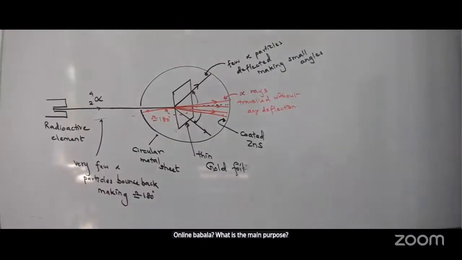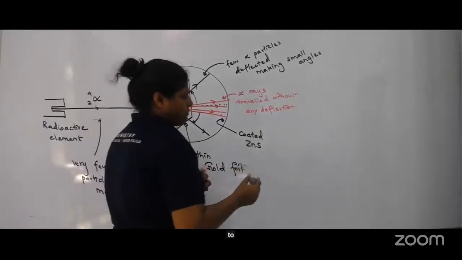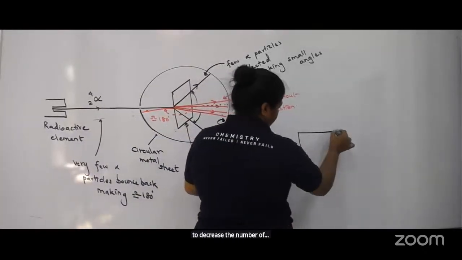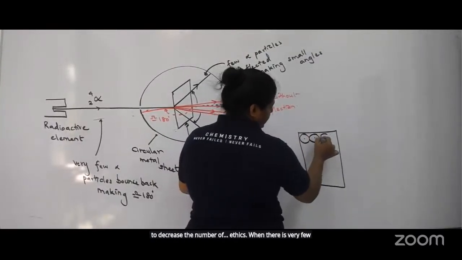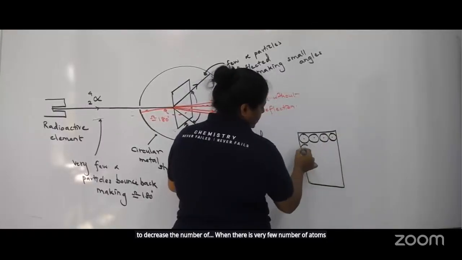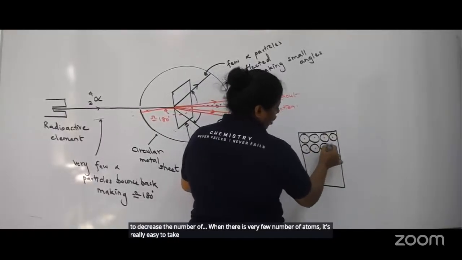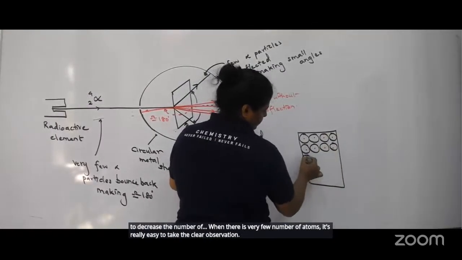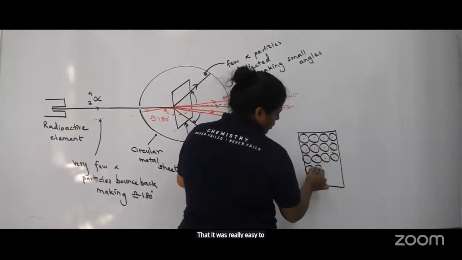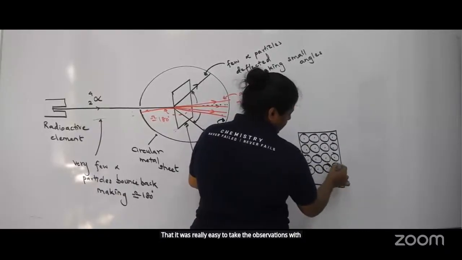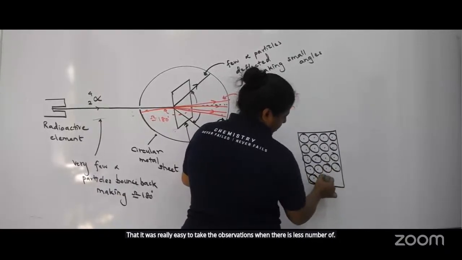Taking a very thin gold sheet decreases the number of atoms. When there is a very small number of atoms, it is really easy to take clear observations.